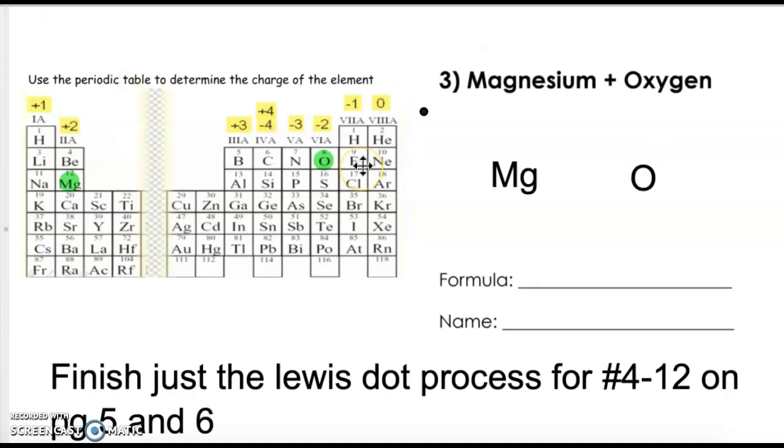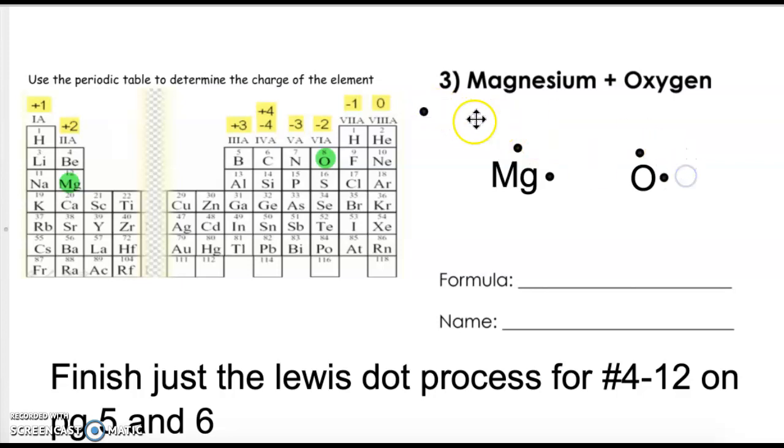All right, number 3, magnesium and oxygen. Magnesium is an alkaline earth metal. It has 2 valence electrons, so you would do maybe 1 here and 1 there. Oxygen is a nonmetal, and it is not a halogen or noble gas. So it's here, and it has 6 valence electrons.